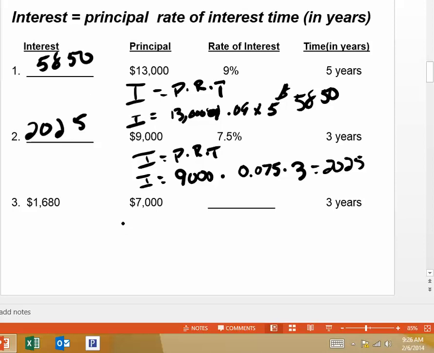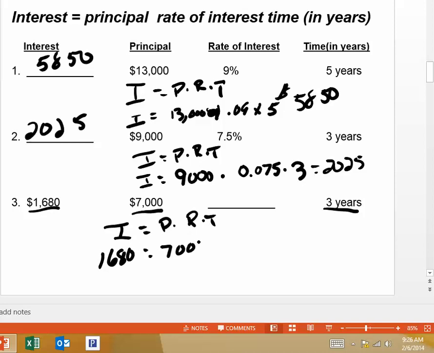Our next problem, we now know what the interest is. We know we borrowed $7,000 for 3 years, but we don't know the rate of interest. So we must use our formula: interest equals principal times rate times time. $1,680 equals $7,000 times the rate times how long.